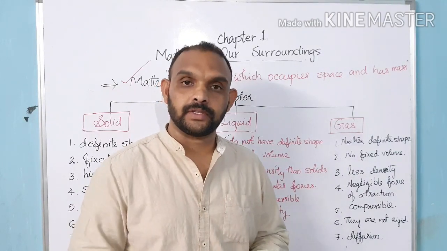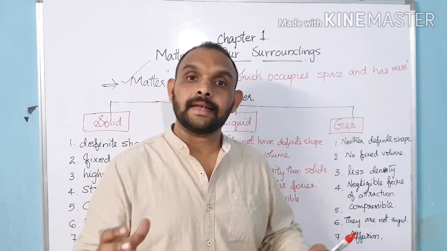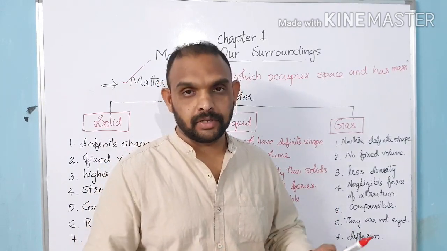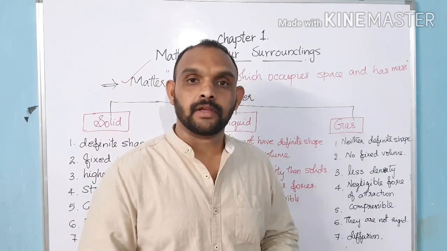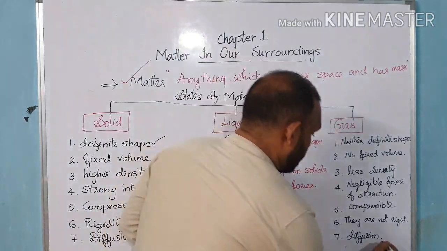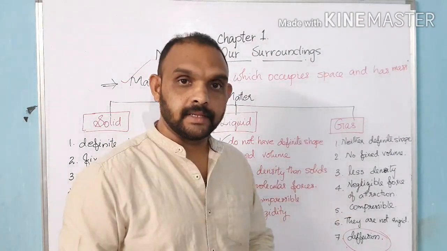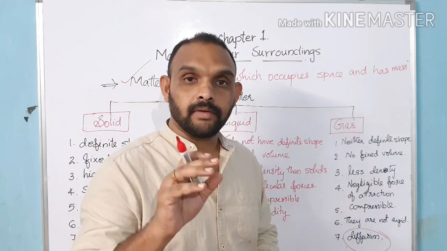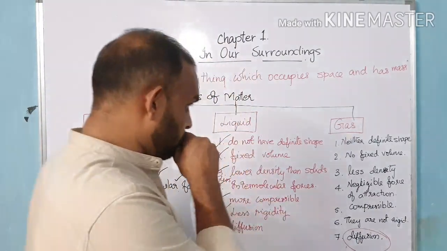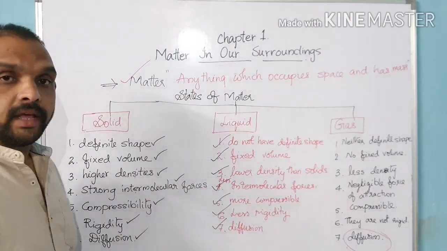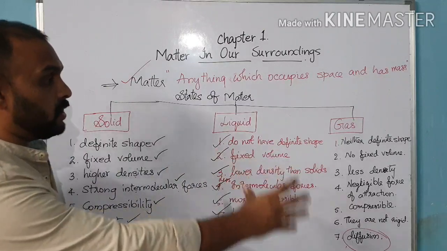Because room freshener is a gas, and its particles will intermix with the air present in the room, so that we can enjoy the pleasant fragrance. So that is the seventh property of gases, that gases can diffuse.